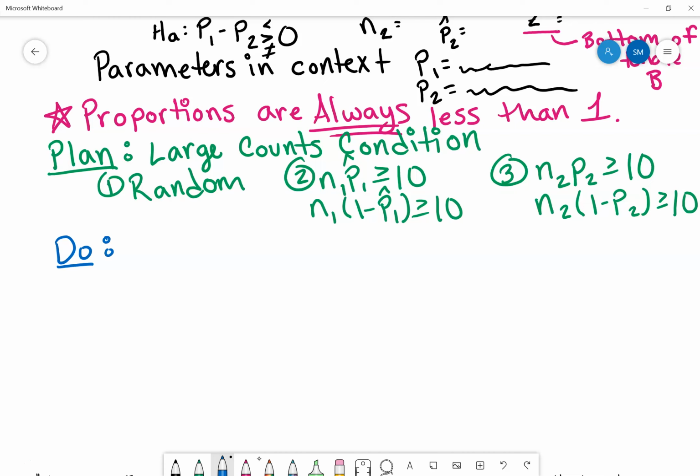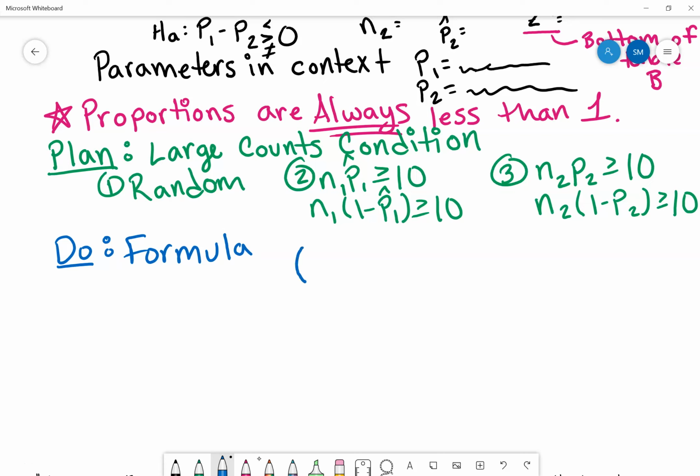Okay. So in the do, we are going to use the formula. It is very, very important that you use the formula exactly like I write it right here.